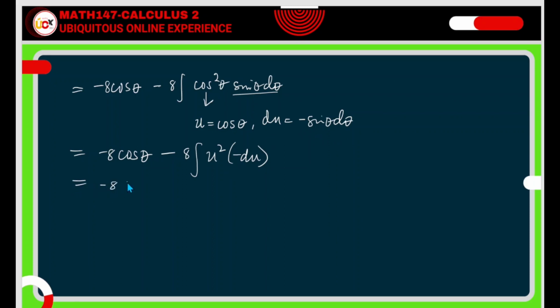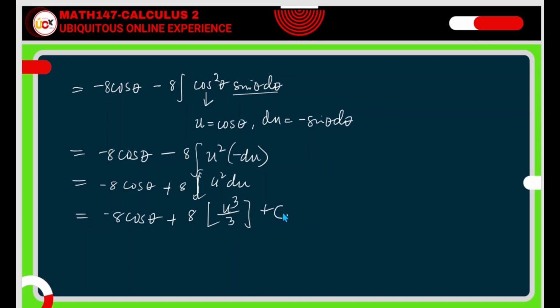Or this can be written as negative 8 cosine theta plus 8 times the integral of u squared du. This is the power formula, no? The integral of u squared du is u cubed over 3 plus the constant.